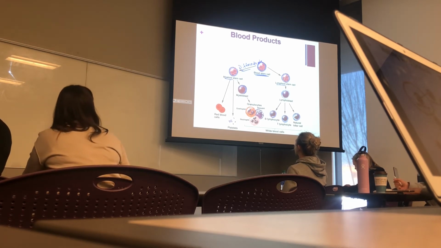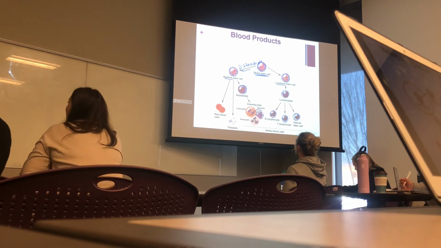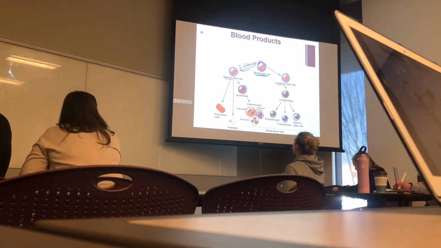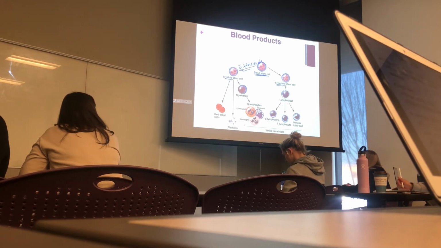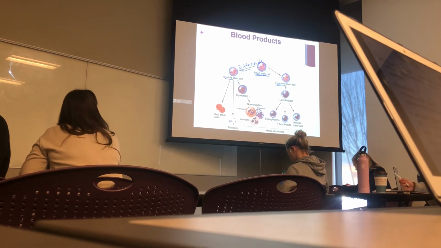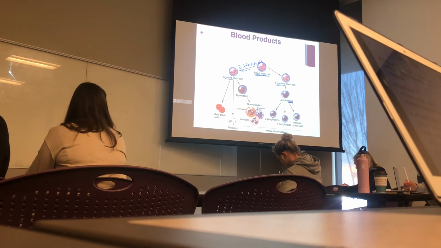Now, depending on which way you went, then we talk about what happens over there. So let's pick lymph because that's a little more simple, okay? If that blood stem cell went down the lymph side, then that lymph stem cell will make a lymphoblast. What do we know about anything that ends in blast on a cell? Blasts build, right?